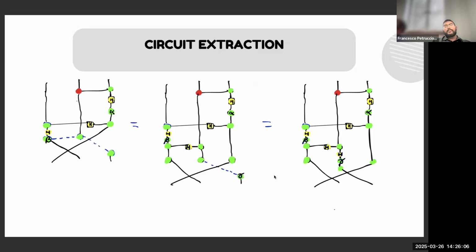And then lastly, this gamma spider can be fused, and the yellow Hadamard gate moves upward vertically. And now this is something that we can see as a circuit-like pattern, as you can implement it using just some swap operations, some phase gates, Hadamard gates, and control NOT gates, and it's clear that this is a circuit-like pattern.